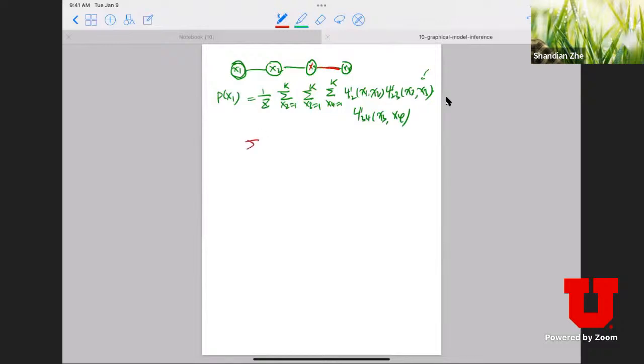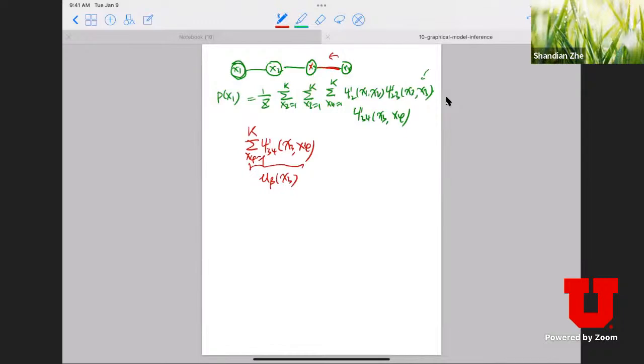We're going to marginalize out x4, the rightmost node, fixing x3. Of course, for different x3 you're going to have different results. After you do this marginalization over psi 3,4, you get a function of x3 only.